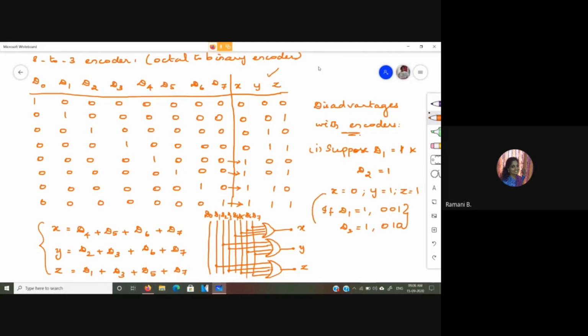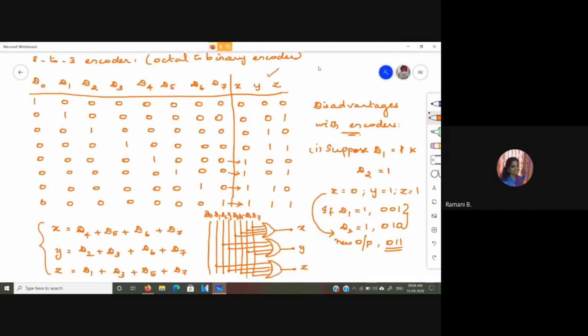We are getting totally a new output, which is 0, 1, 1. When are we actually supposed to get this new output 0, 1, 1? Only when D3 is equal to 1. So this is a disadvantage with this type of encoder. We will see what we can do in order to overcome this error.